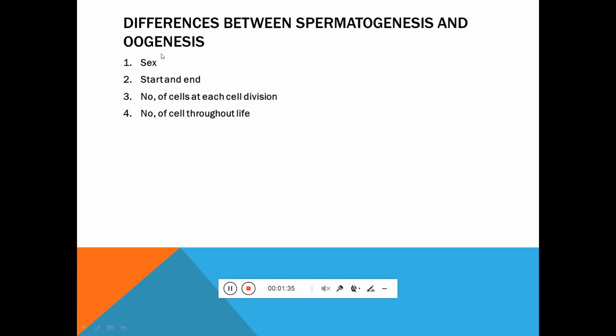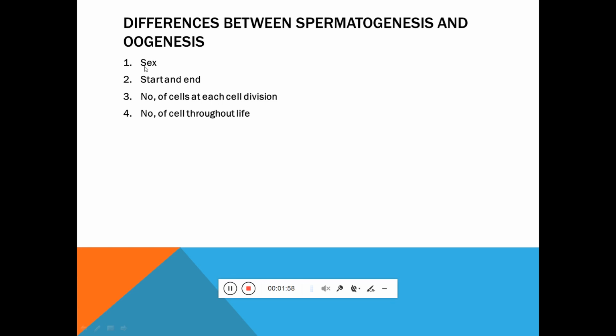So these are the few points. First, the site: spermatogenesis takes place in the male organ, the testis, and oogenesis takes place in the ovary, the female reproductive organ. One more difference is when it starts.